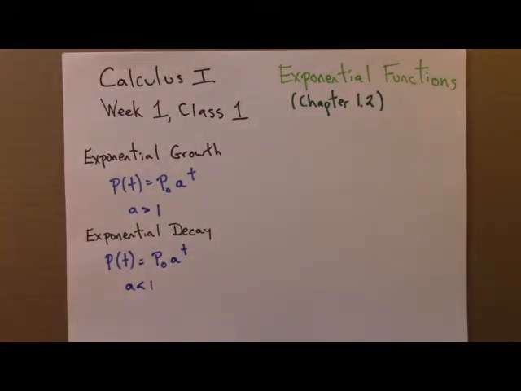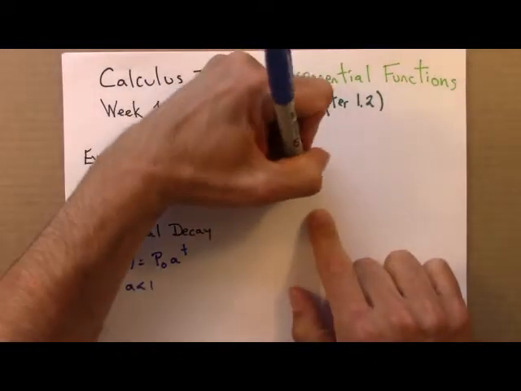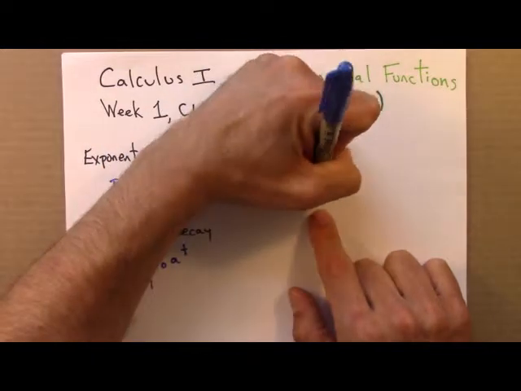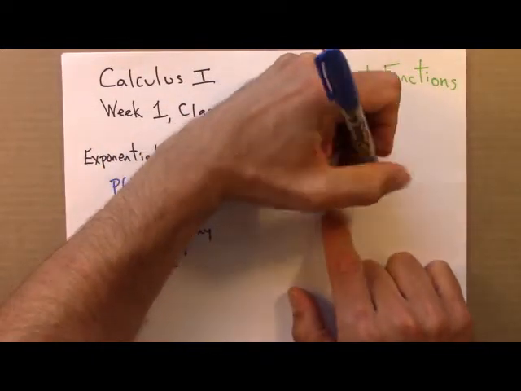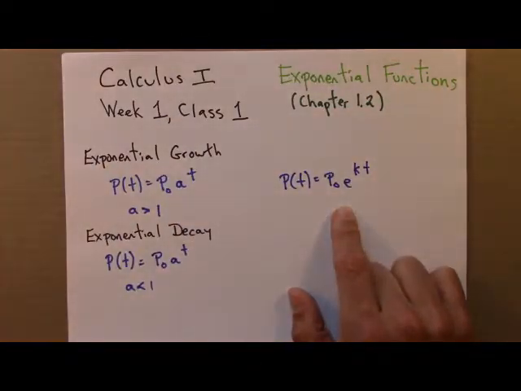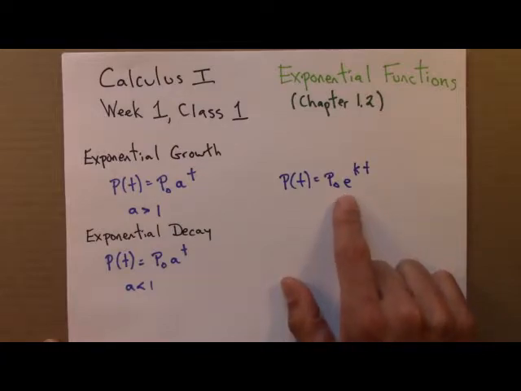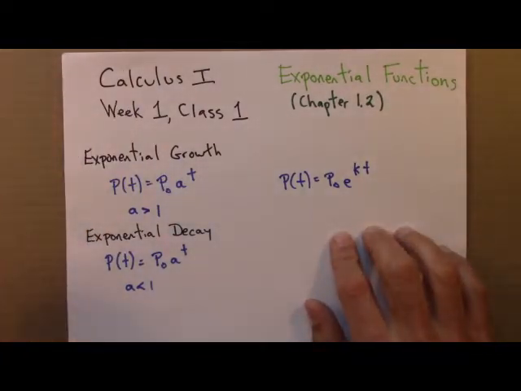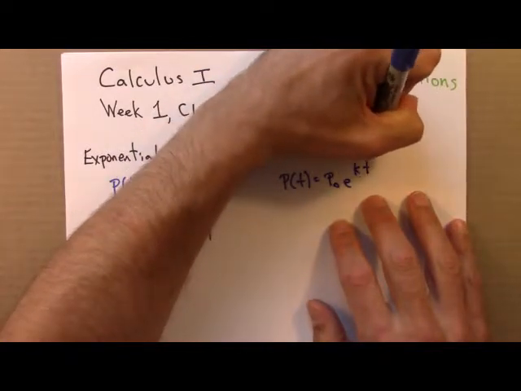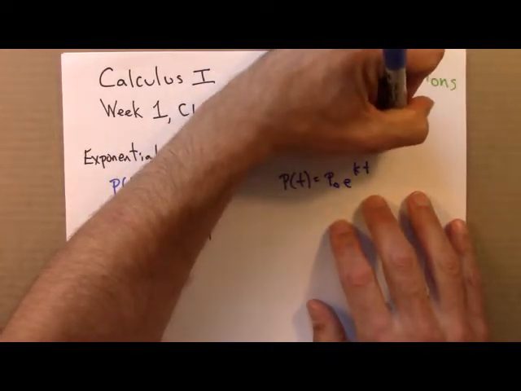Now, there's another way that exponential functions are very often written, and that's as follows. So we could also write P of t equals P naught e to the kt. So they're often written using an exponent to the base e, where e is a special number, 2.78, blah, blah, blah.